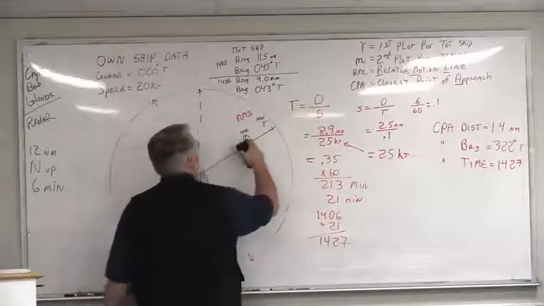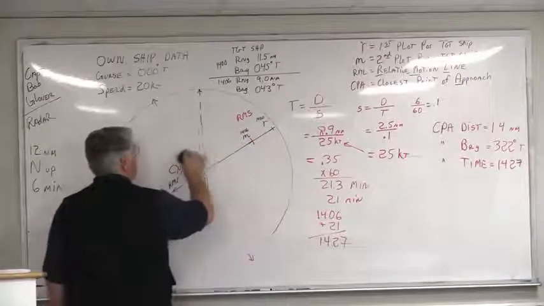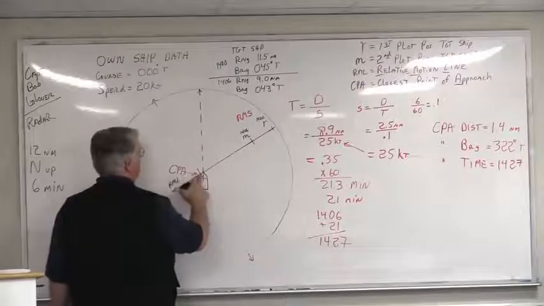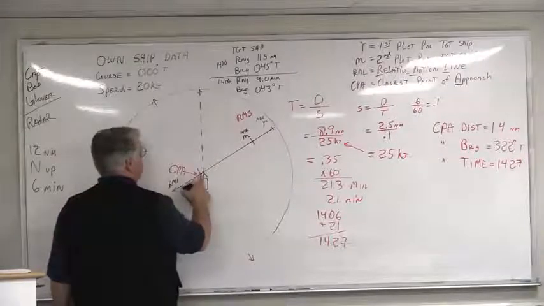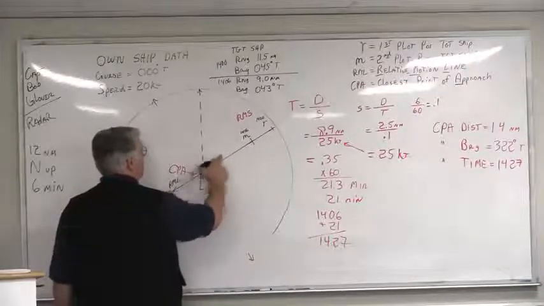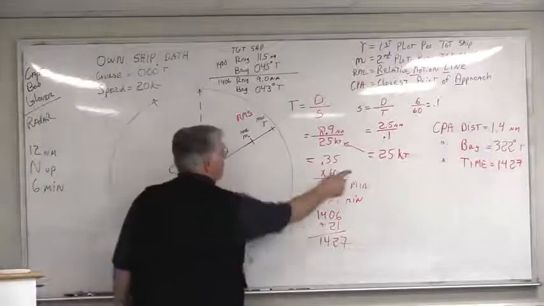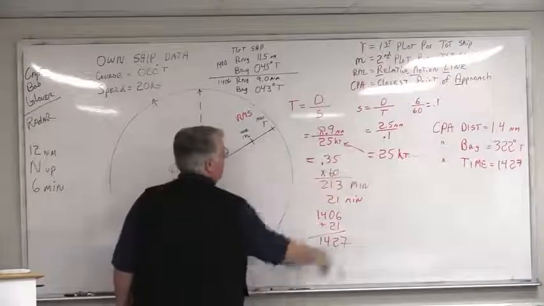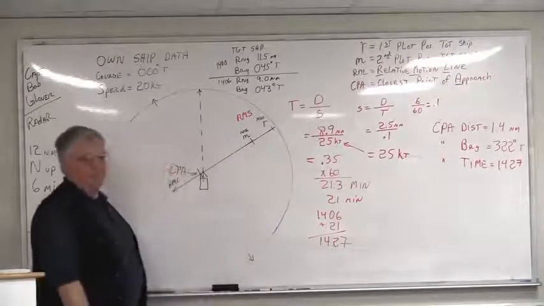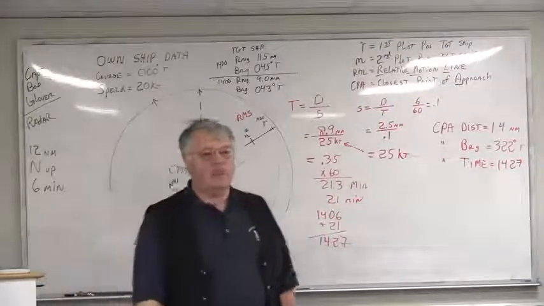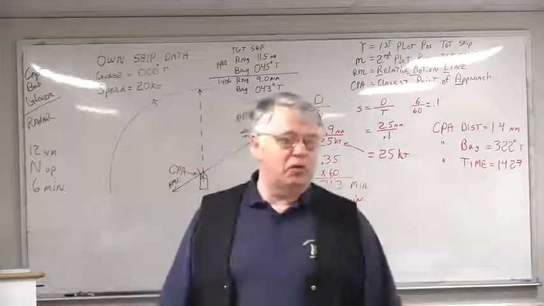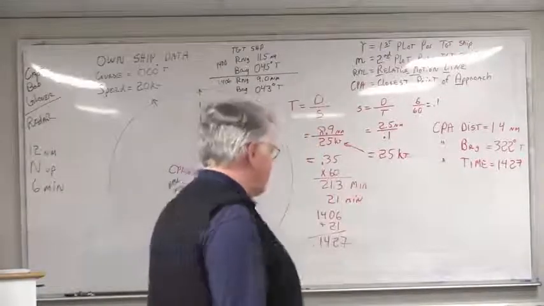M was the second plot at 1406. We established the CPA point. Once we establish the CPA point, which is always 90 degrees to the relative motion line, we were then able to find out the distance and the bearing and the time. All right, so let's go ahead and practice these on paper now, and we'll do a few of these until it becomes second nature to us.